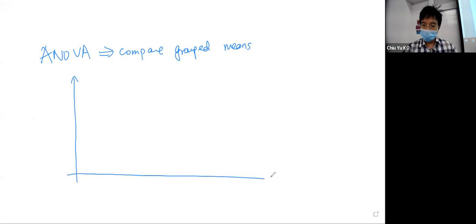In other words, say you're looking at education levels versus income.